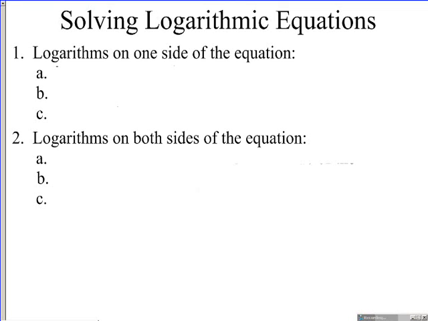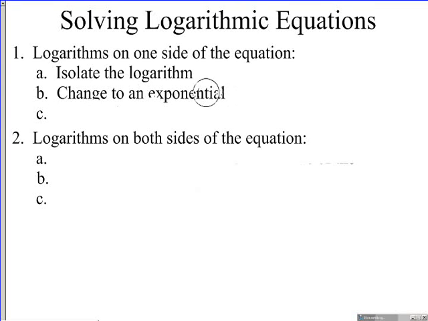If there are logarithms only on one side, first isolate the logarithm, so get the logarithmic expression all by itself. Once that logarithm is all by itself, change to an exponential equation. Then simply finish solving for the variable. That's it. Those are the only steps.